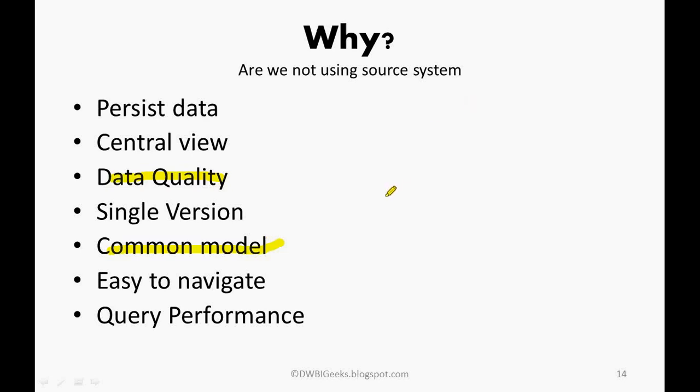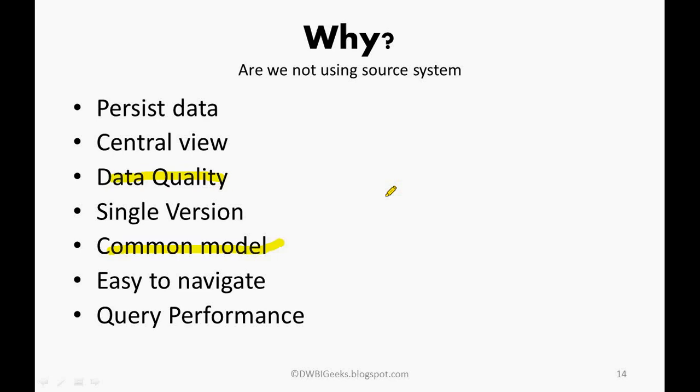But in a data warehouse, there are no changes anywhere. The only thing is, if any additional column has been added in the OLTP system, only that replication will be done. Only that additional column will be added, and the data for that column will be added from the date when that column got added to our data warehouse.